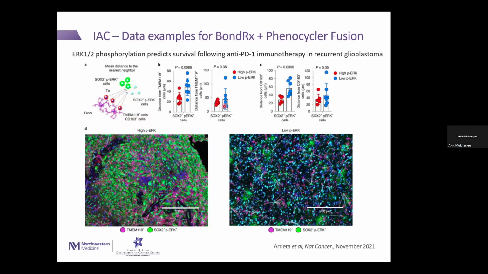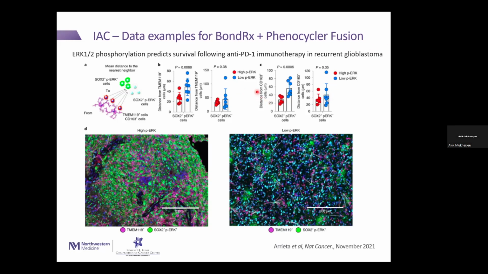The distance from the TMEM cells was less for the higher phospho-ARC glioblastomas as compared to the lower phospho-ARC, meaning in this tumor microenvironment with more phosphorylated ARC, the tumor cells were interacting with more immune cells or myeloid cells, and they had higher expression of MHC.